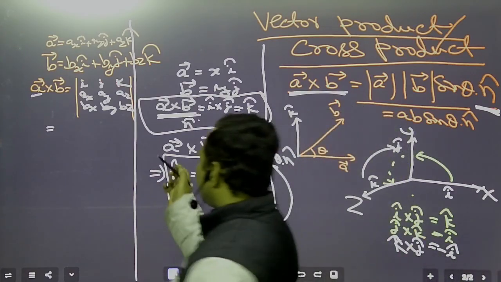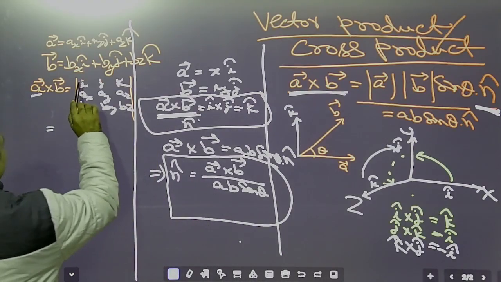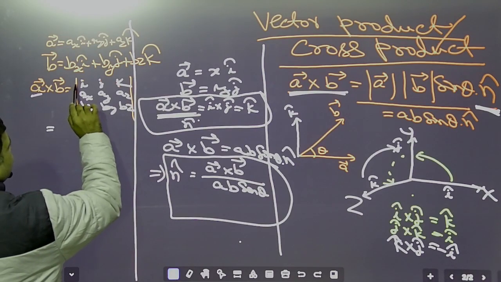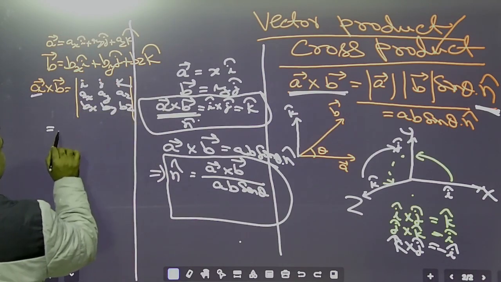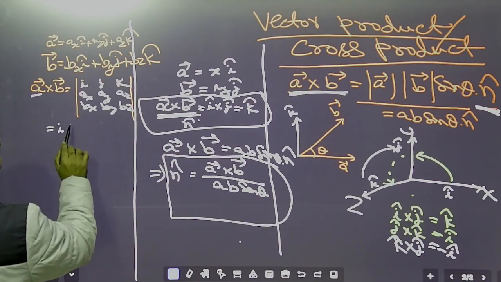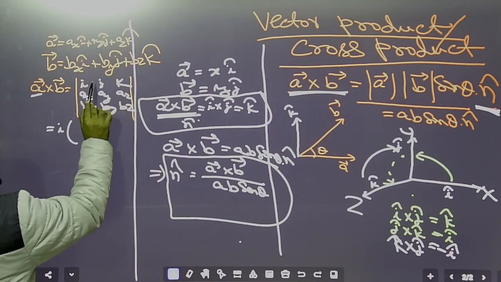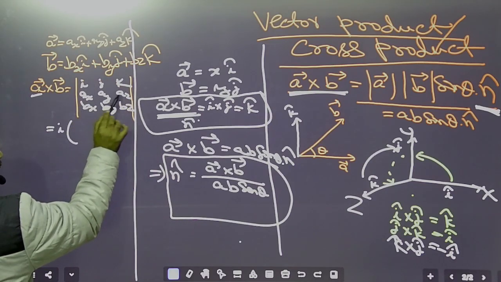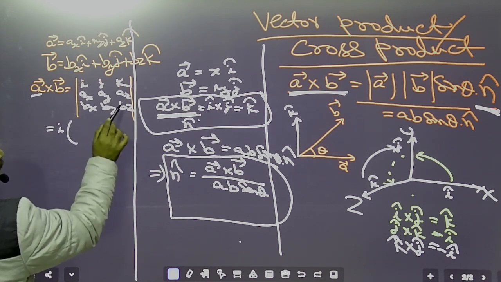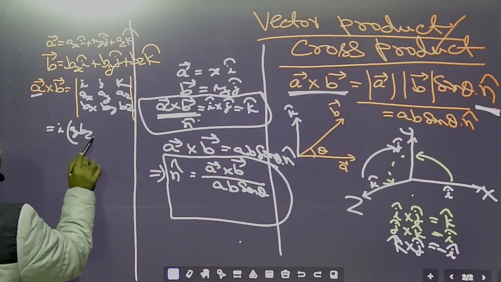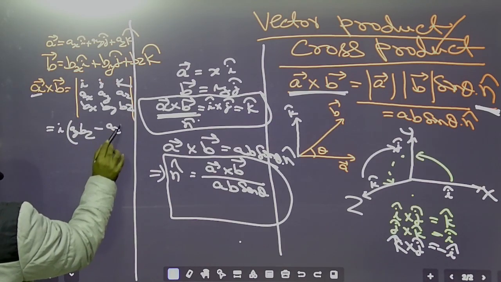So you see here, suppose we are moving along the first row. First term is i. Then this column and this row will not be considered. Only this and this, this and this, so this will be a square matrix. Its value will be AYBZ minus AZBY.